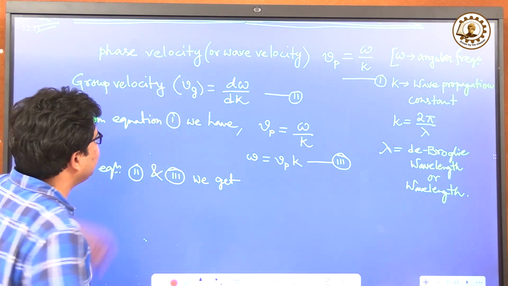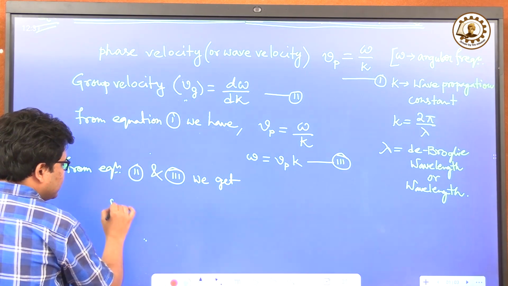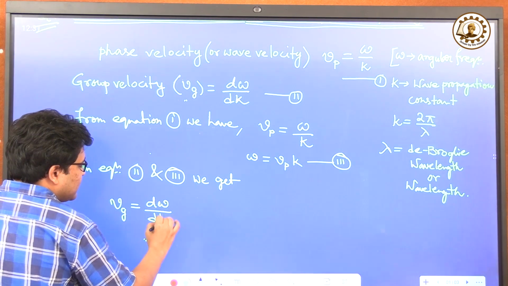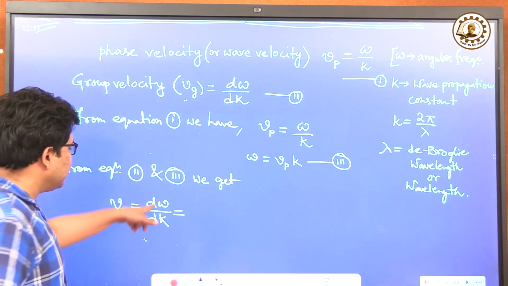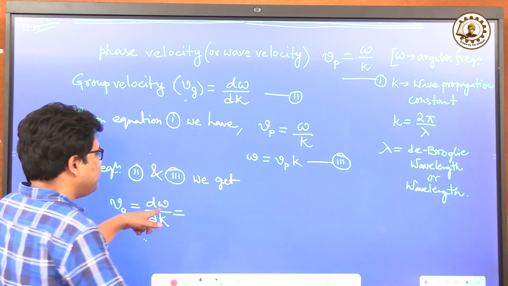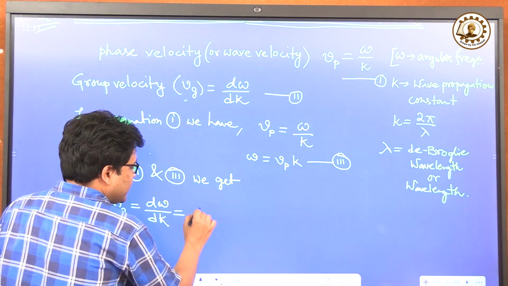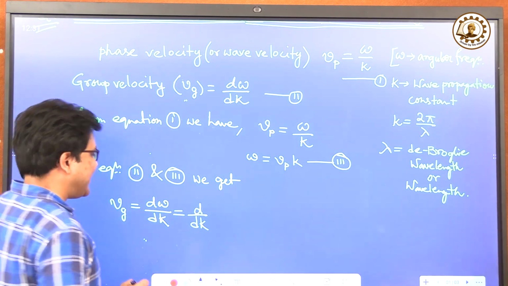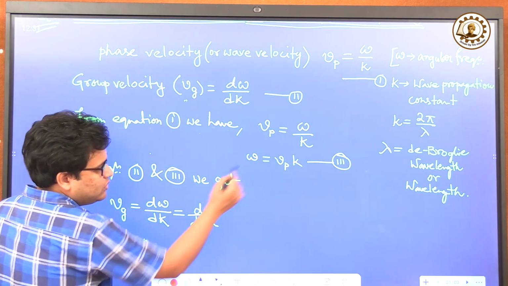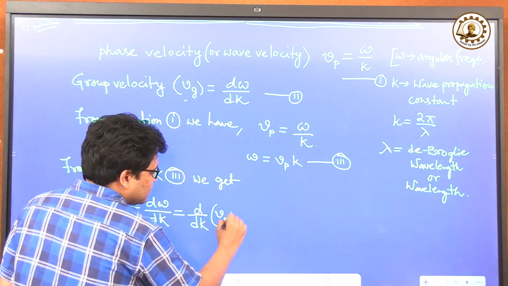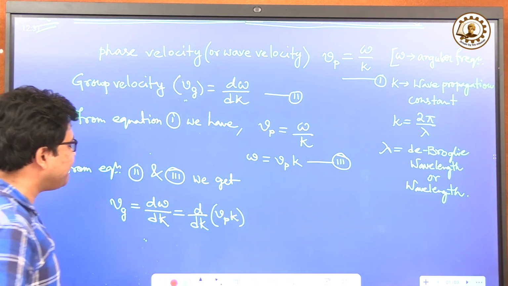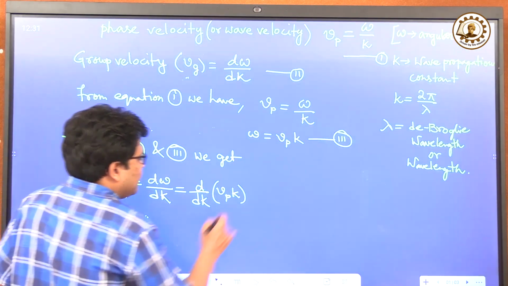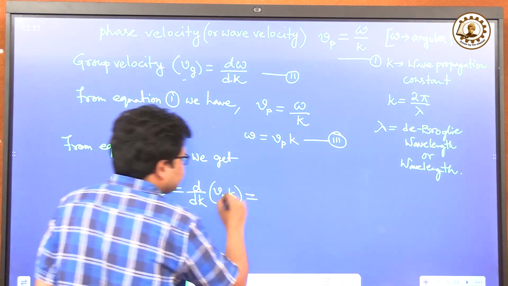In equation number 2 we have group velocity Vg equals d omega by dk. Now in place of omega I can replace omega by Vp into k. So d/dk, that is differentiation with respect to k, is going to act on Vp k. So we have to differentiate Vp k with respect to k.